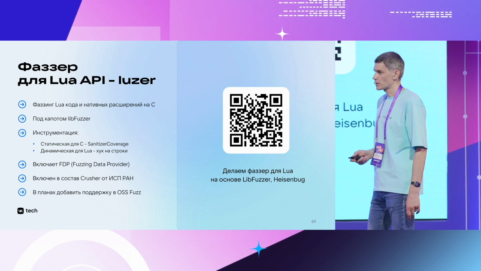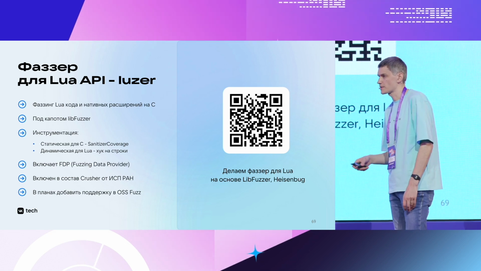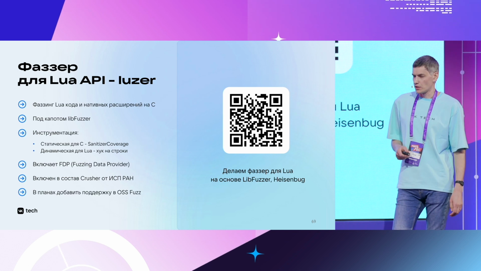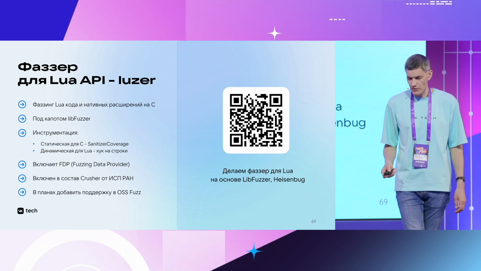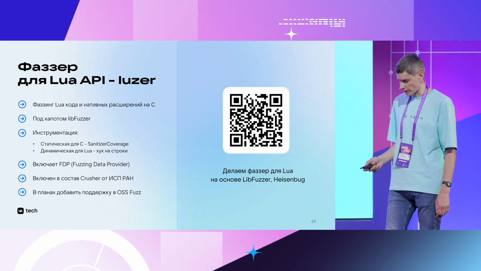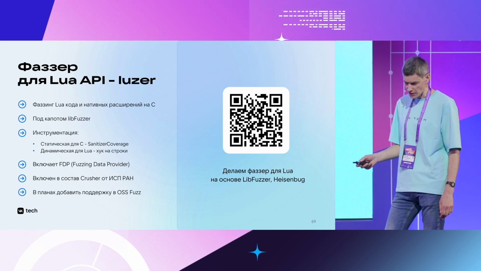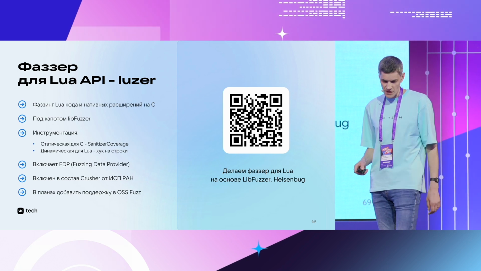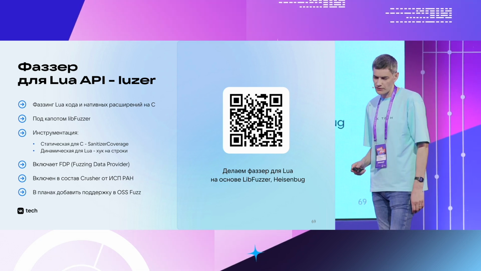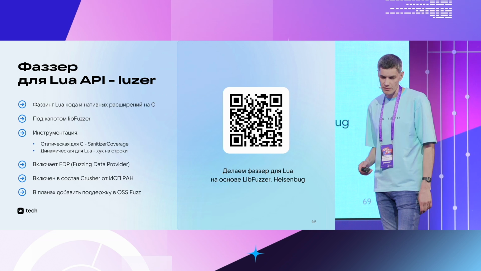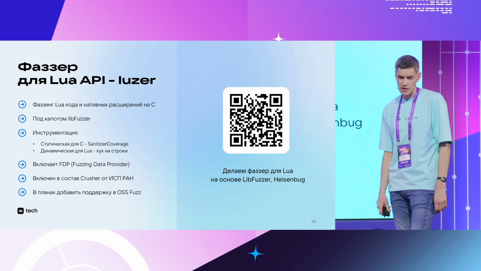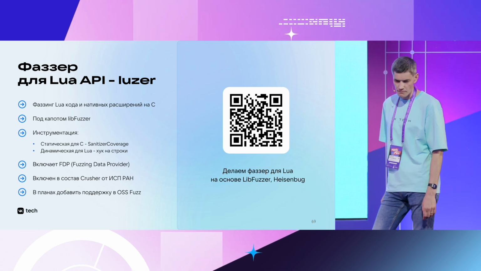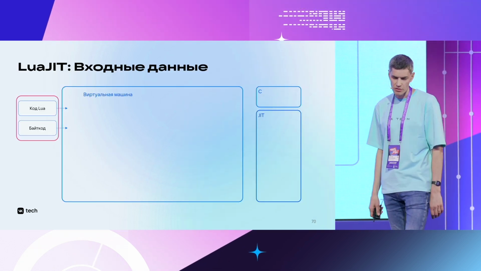This fuzzing is for Lua and native expansions for C. For the feedback, it uses the tools of C, because actually it's used for fuzzer, and in runtime it uses the standard Lua library. Lua has been included in the crusher some time ago, which was developed by the Russian Academy of Science, and we want to expand the usage of that fuzzer.